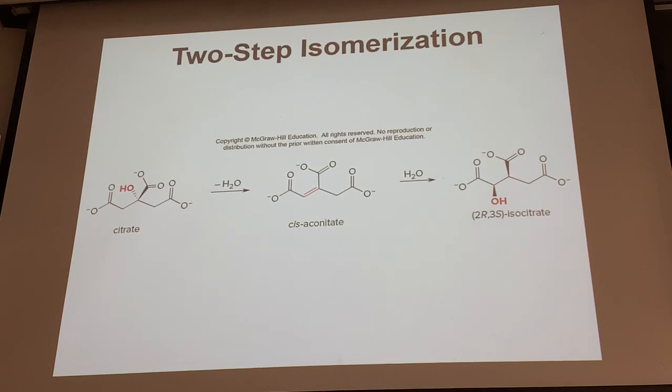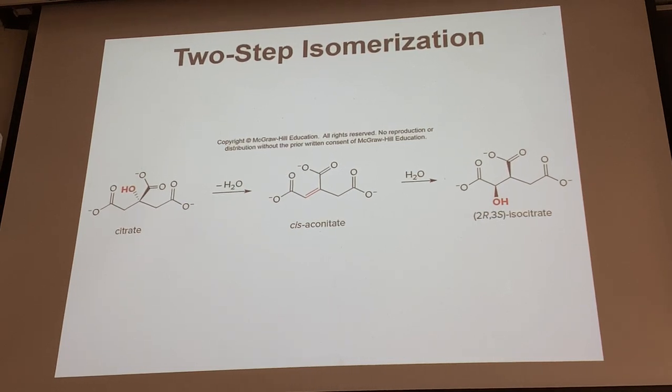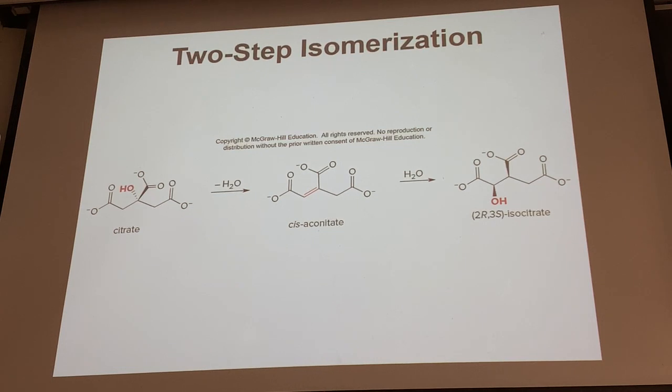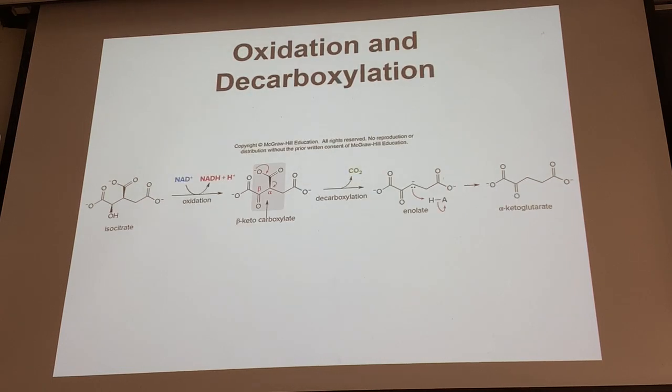And again, we're going to get a single isomer, single enantiomer of this product, okay? So dehydration followed by conjugate addition is how that occurs. So once we have the isocitrate molecule, that isocitrate molecule is going to undergo NAD plus oxidation. That's a step we've seen multiple times this morning.